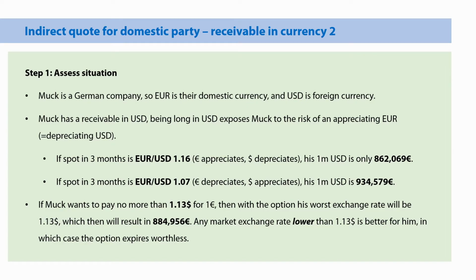Any market exchange rate lower than 1.13 is better for him. Why is it better? Well, because he has to give less dollars to receive 1 euro. And if the market exchange rate is lower than 1.13, then he will not use the option.